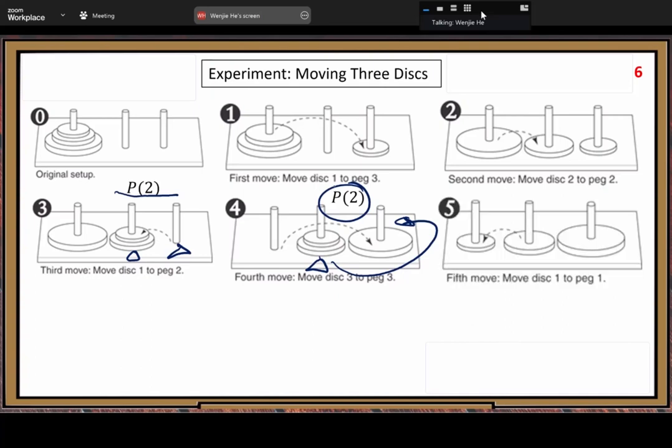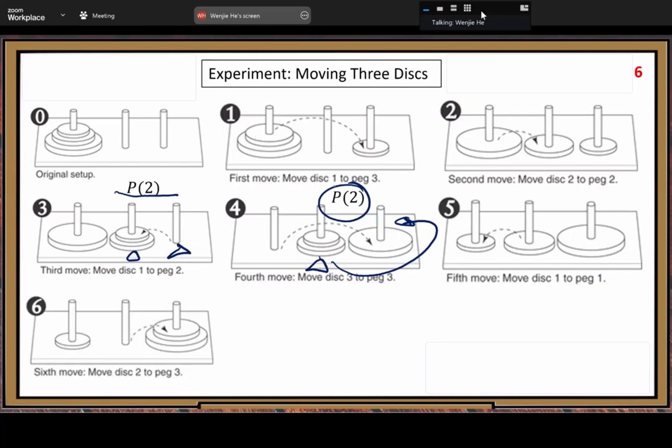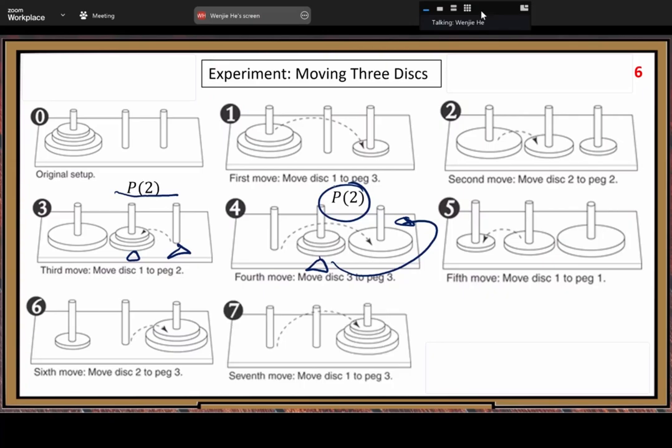Move the smallest disk to the first peg, then the middle disk to its destination, then last step, the smallest disk onto the destination peg. Problem solved. Here you can see we need to make 7 moves to complete the problem of size 3.